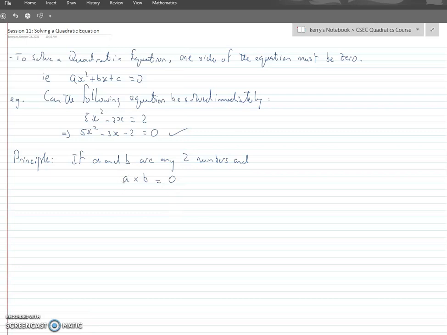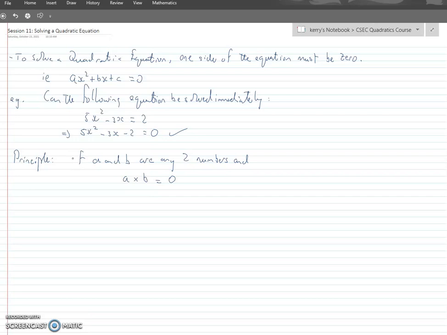If A is some number, we don't know what it is, and B is some number, we don't know what it is, and A multiplied by B is equal to 0, what does that tell us about A and B? How do we end up with 0 when two numbers are multiplied?